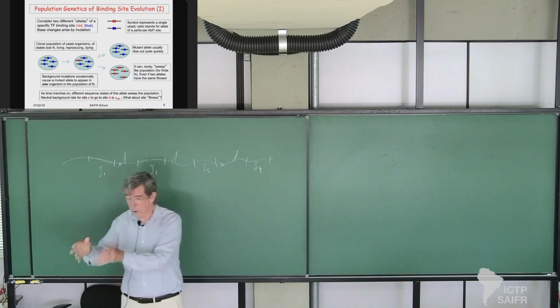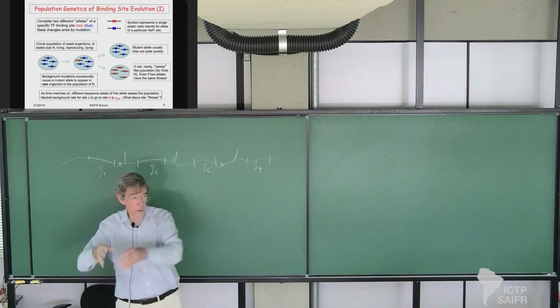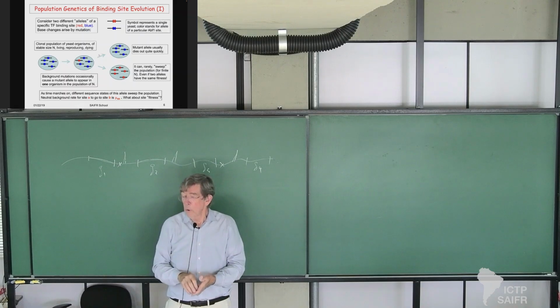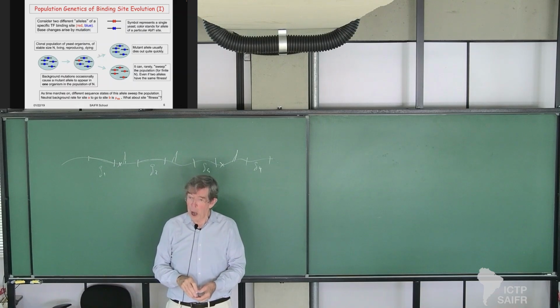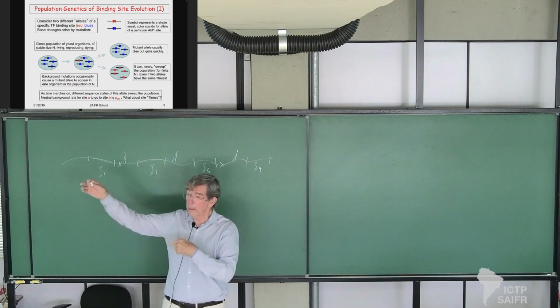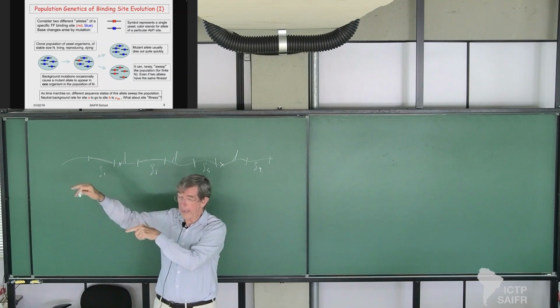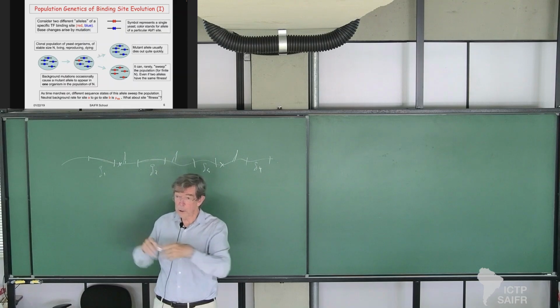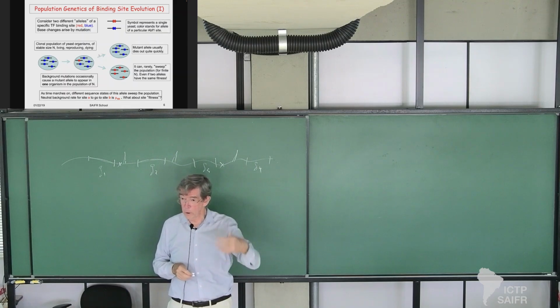Now let's step away from the actual binding sites and just look globally at what's going on in the intergenic regions. You can accumulate statistics on the occurrence of substitutions, and by comparing the different leaves of this phylogenetic tree, you can get some sense of the rate at which these substitutions occur.